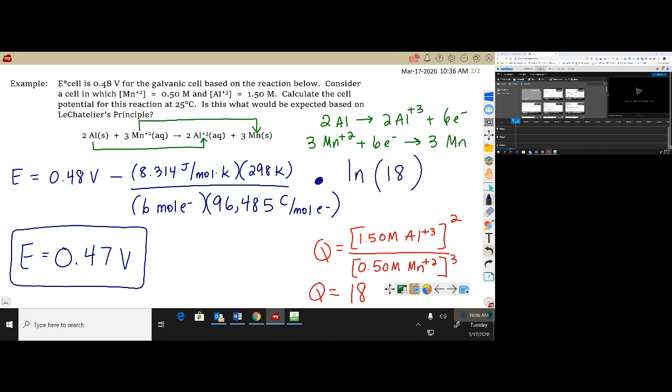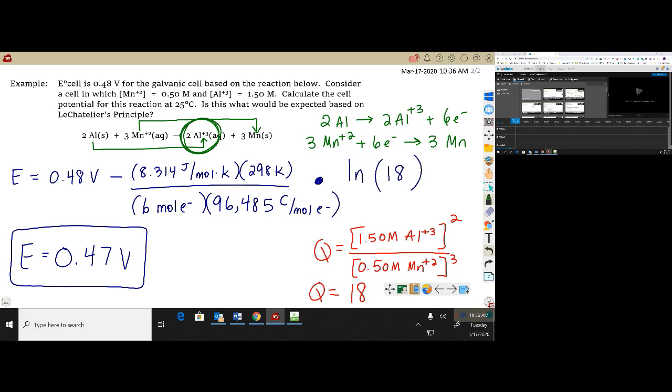But let's look at this. Is it what we would expect? So Le Chatelier would say that if you add something, you shift away from what was added. So here we added extra aluminum. In a standard cell, it would be 1 molar, and now it's 1.5 molar. So if this concentration were higher, I would expect that we would shift away from what was added.